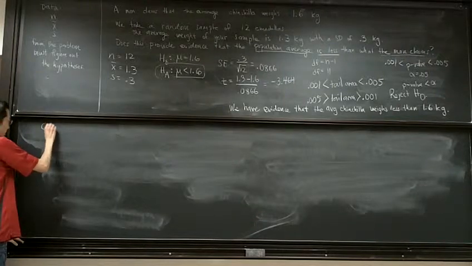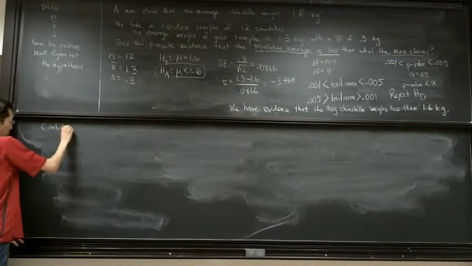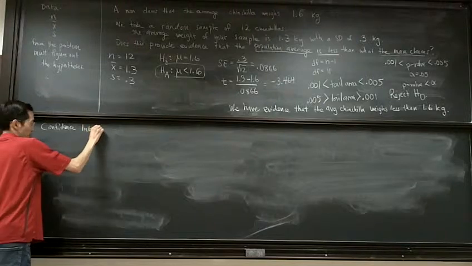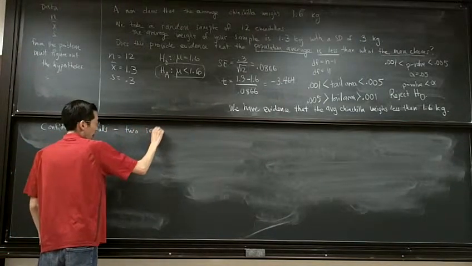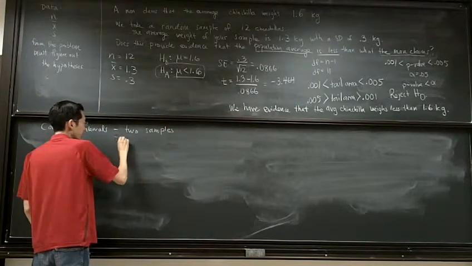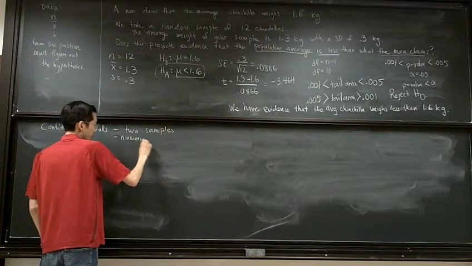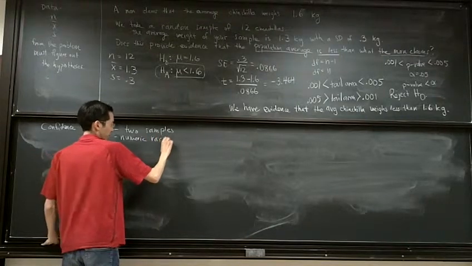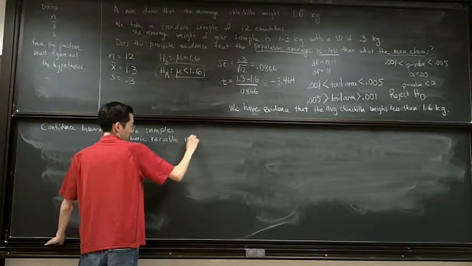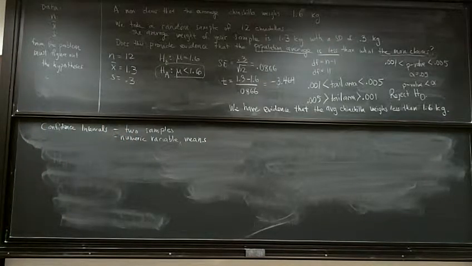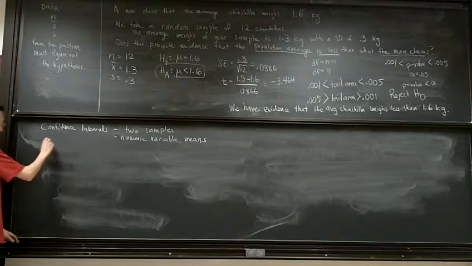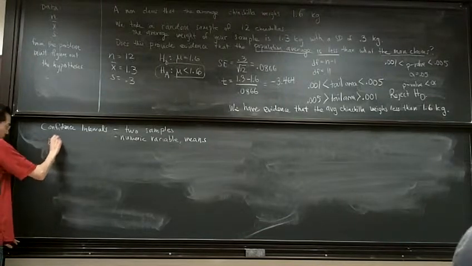Alright, so we're going to do confidence intervals. Two samples. Numeric variable, meaning we are dealing with means. So we have two samples. This means we're going to have 6 pieces of information for our data.